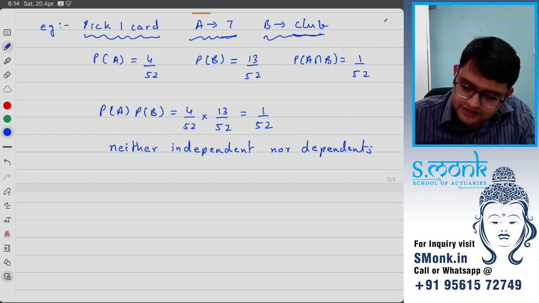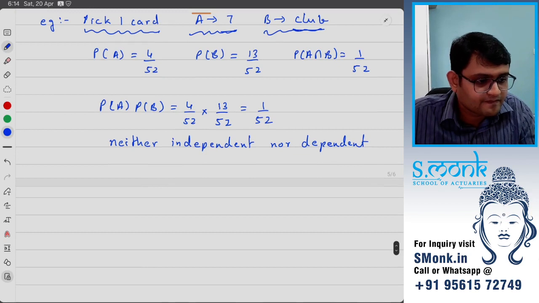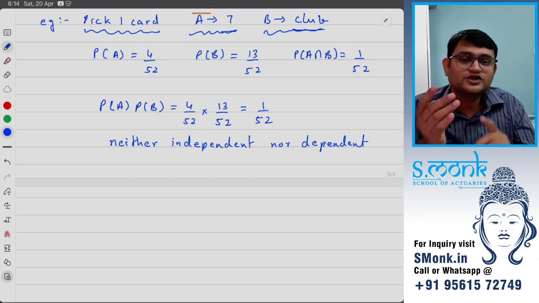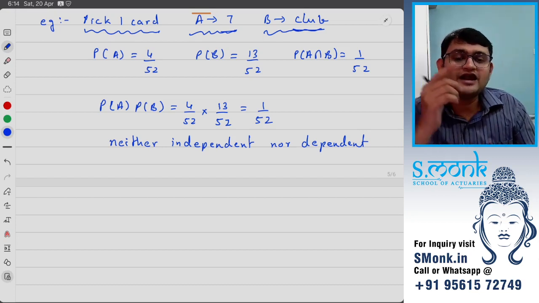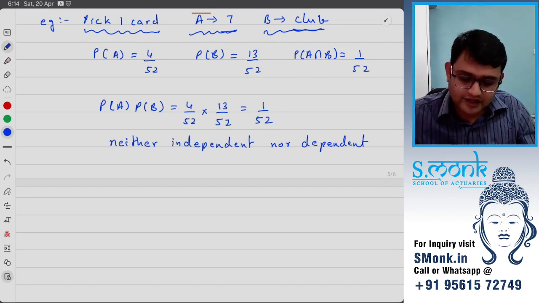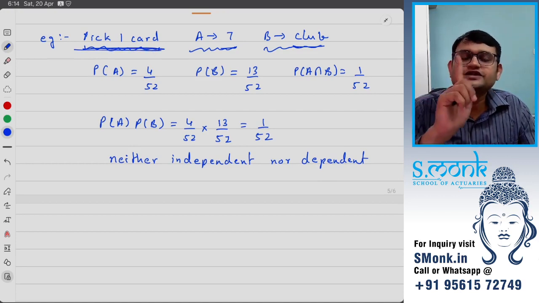Yes, Rashid. So for independent events, the probability of one event happening will have nothing in common with another event happening. But there is a common option, right? Yes, but when you are saying one event happening and another event happening, there are two events there, right? When I'm saying pick one card, I am talking about a single event.